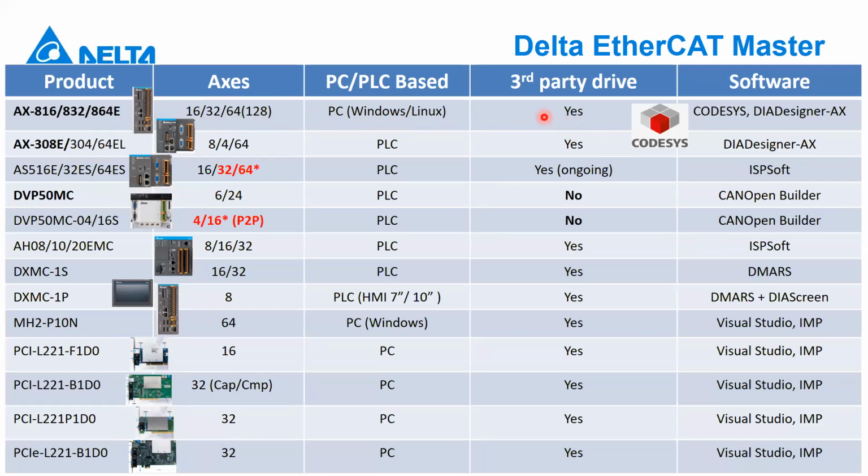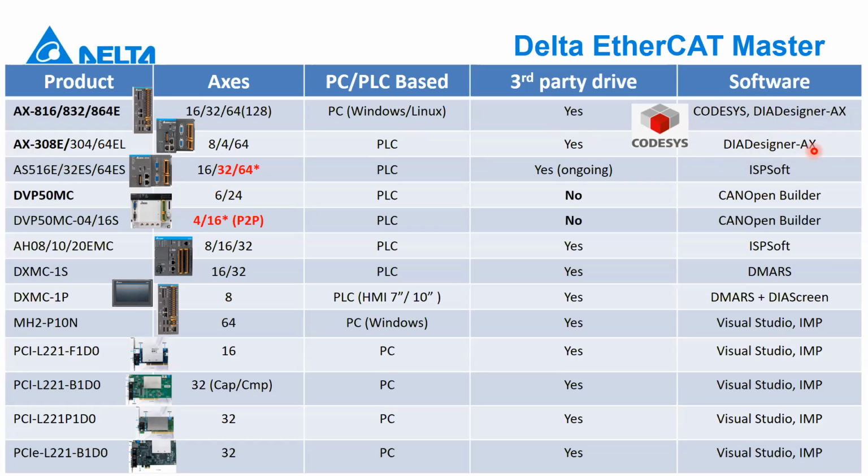And for sure, if you use EtherCAT CODESYS, it supports third-party drives or third-party I/O slaves. Then you can see the software. We have the CODESYS and Designer AX. But for AX3, it can support only Designer AX.